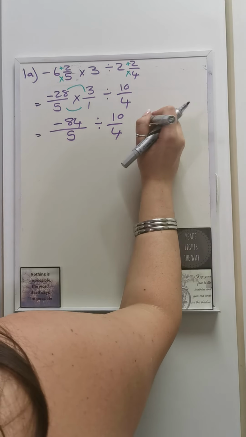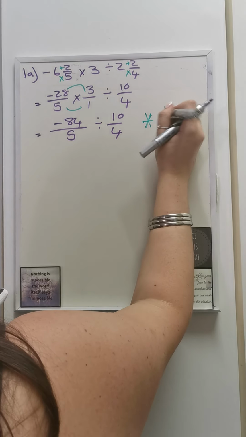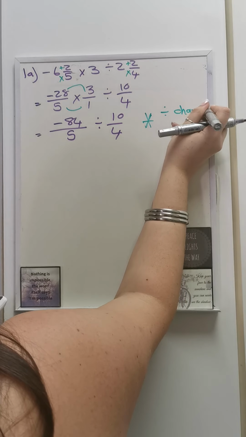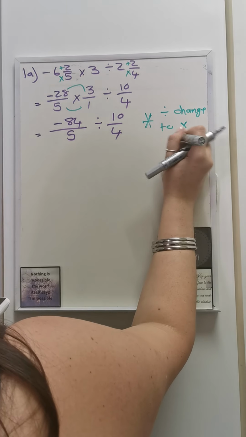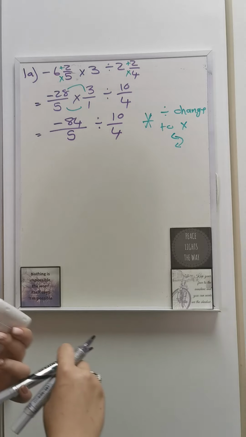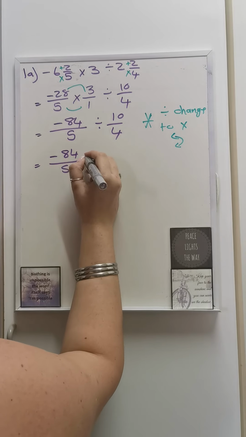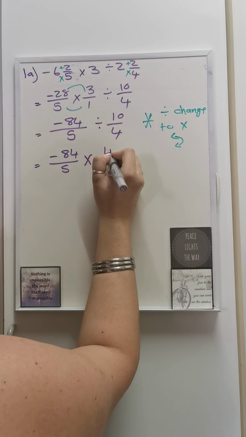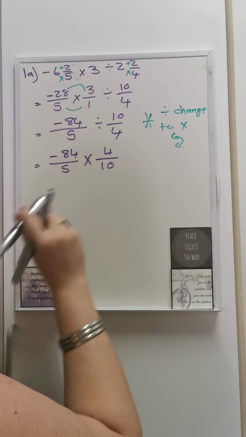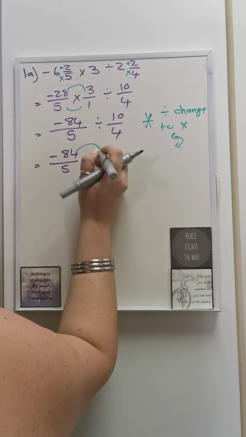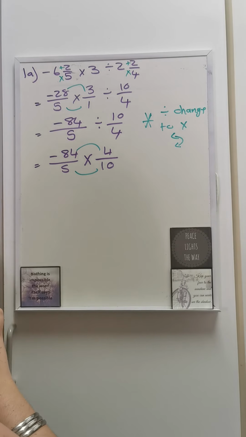What is my rule here when I divide? Divide, change to times, and then they switch. Okay, so it's going to be negative 84 over 5 times 4 over 10. And then I know what to do when I times. I times at the top, I times at the bottom.